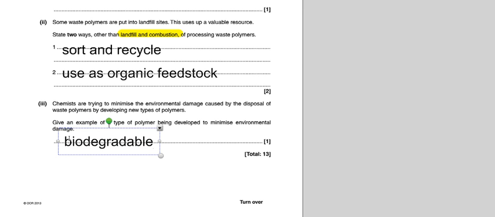You could also have compostable or photodegradable, but here biodegradable is key. If you did have to name one, then you've got things like polylactic acid or simply starch.